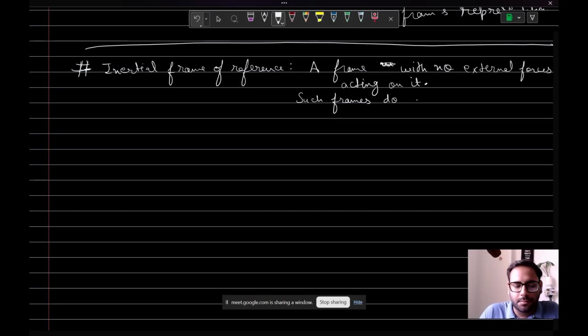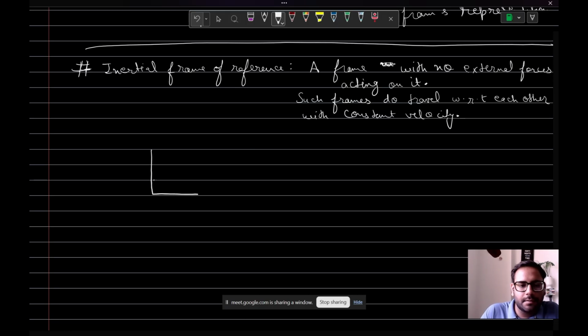Such frames travel with respect to each other with constant velocity. Suppose I have a frame here.